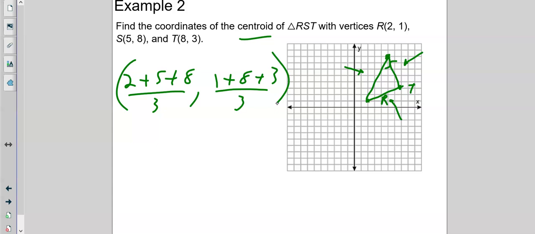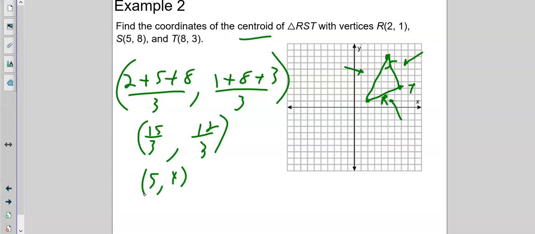So 5 plus 2 is 7, plus 8 is 15 over 3. 8 plus 1 is 9, plus 3 is 12 over 3. And that gives us 5, 4. So if we go to 1, 2, 3, 4, 5, 1, 2, 3, 4, there is the centroid. So if I graphed a line connecting those 2 points, I would get the intersection like so. All right?